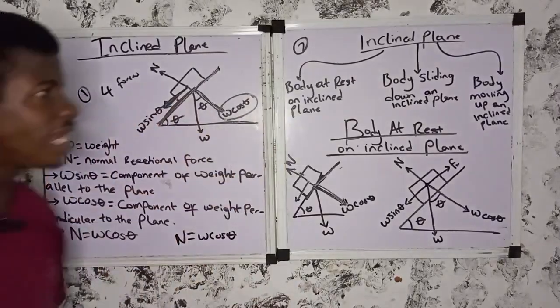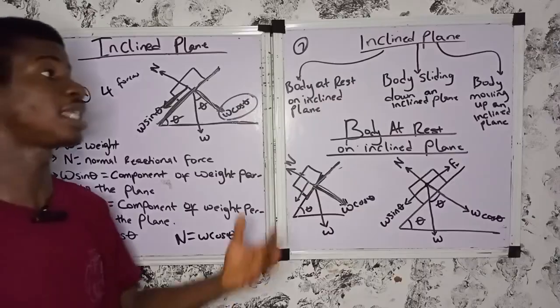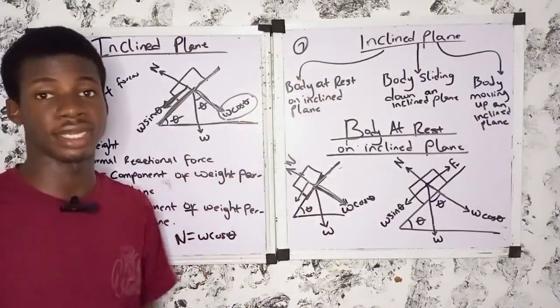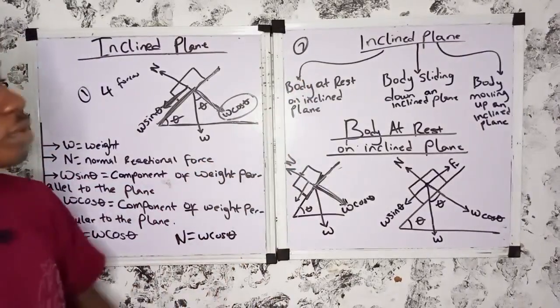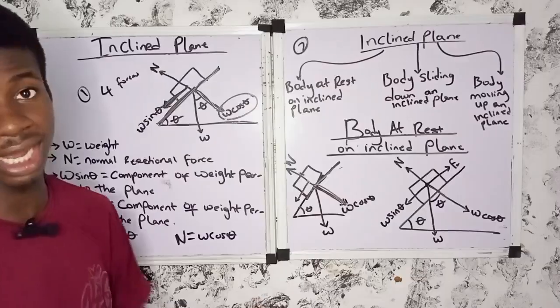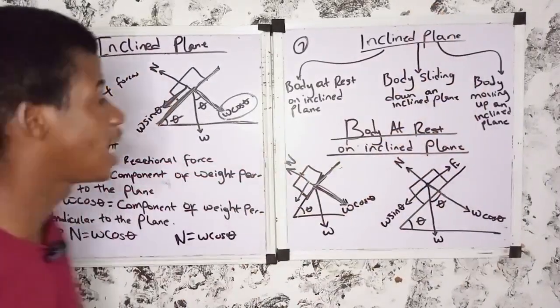Now let's move to this other aspect, the inclined plane. There are three scenarios under an inclined plane. A body can be at rest in an inclined plane, a body sliding down an inclined plane, and a body moving up an inclined plane.